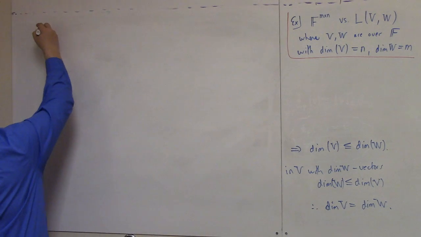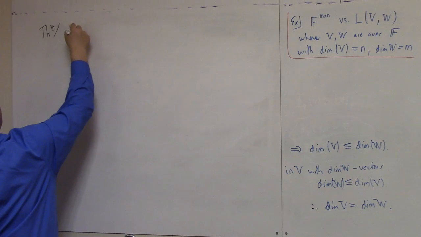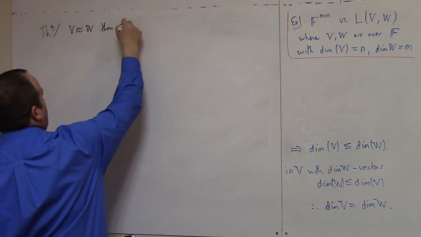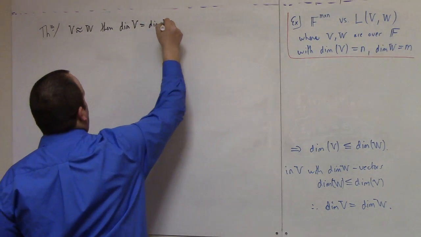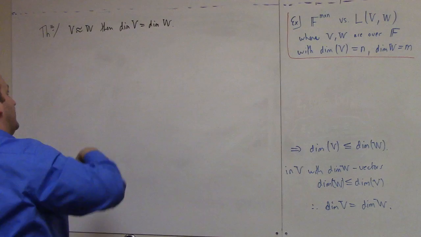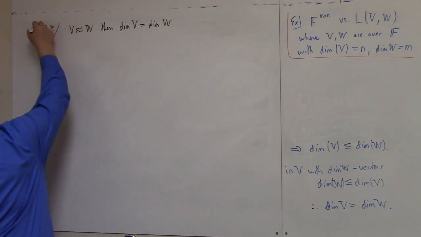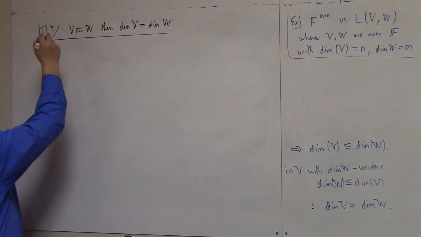All right, so the theorem again was that if V is isomorphic to W, then the dimension of V must equal the dimension of W. And we are assuming that V and W are finite dimensional vector spaces, otherwise I have to think harder. We don't want that. So, consider this.